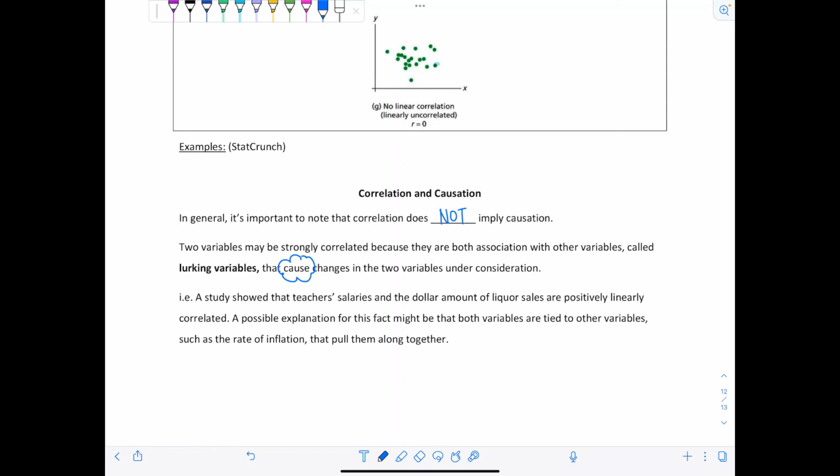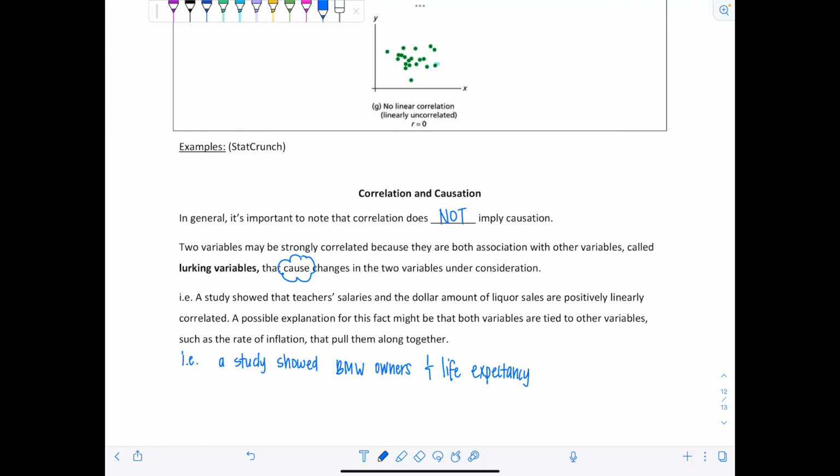Also, another one I like is a study, this is true, showed that BMW owners, those who own BMWs, and life expectancy are positively linearly correlated.